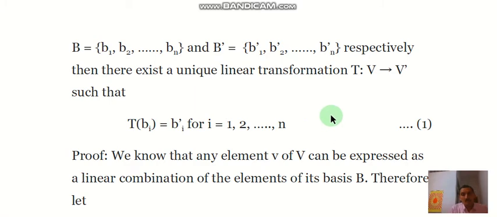So this is a particular type of mapping which will take b1 to b1', b2 to b2', and so on, bn to bn'. We search for such a linear transformation.